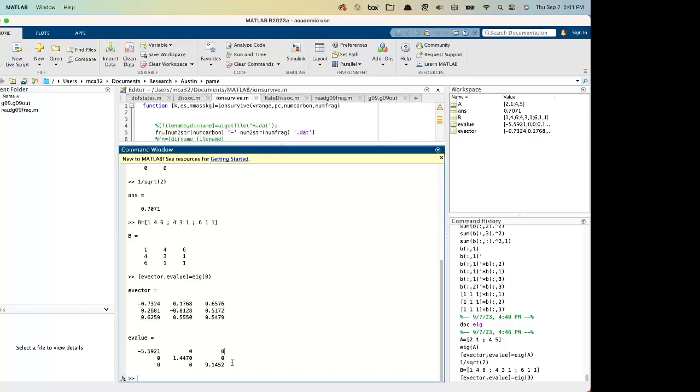Normal means that if I take the sum of the squares of the vector components, it will give me the answer 1. So I'm going to take E vector, and then I want 1, 1, squared, plus E vector 2, 1, squared, plus E vector 3, 1, squared.